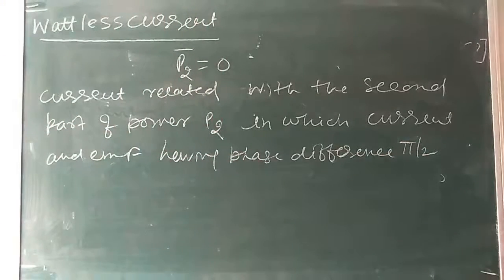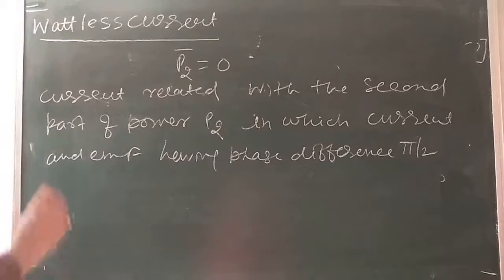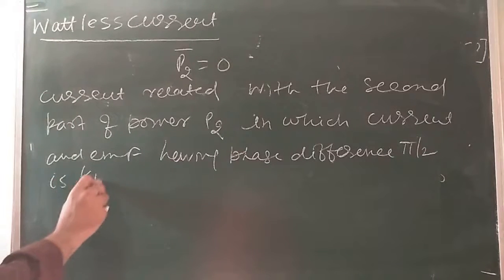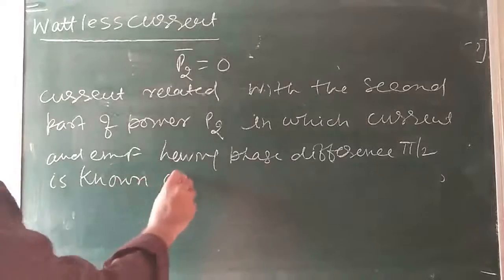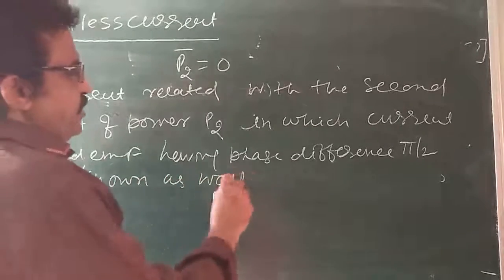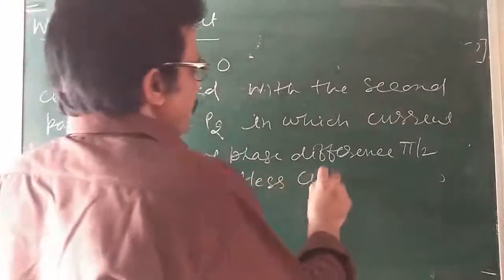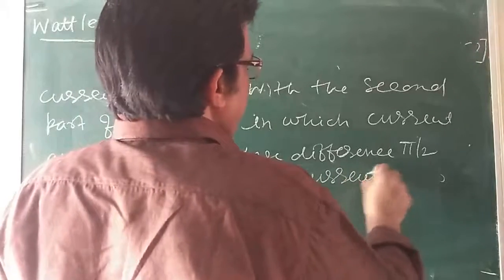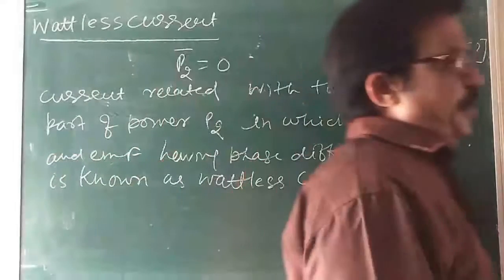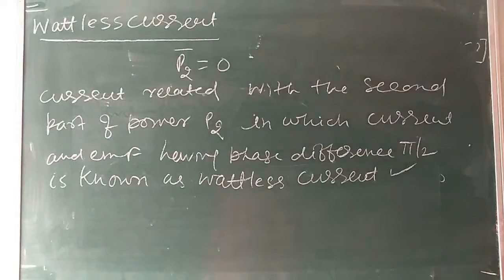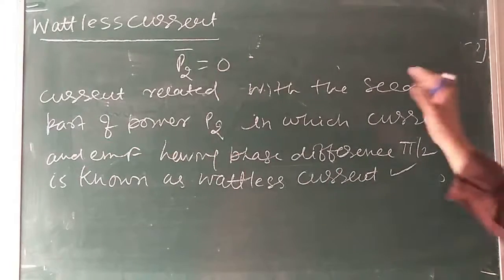How much is it? Pi by 2. This is known as wattless current. It is clear? Write down this definition. It's a very important definition, where the phase difference is pi by 2 in the second part of the power.